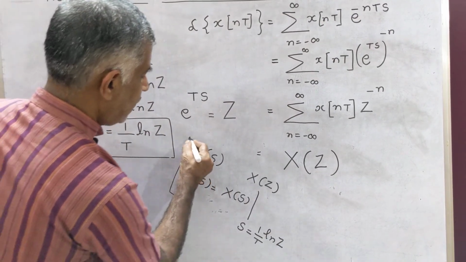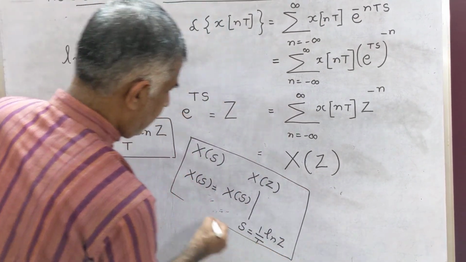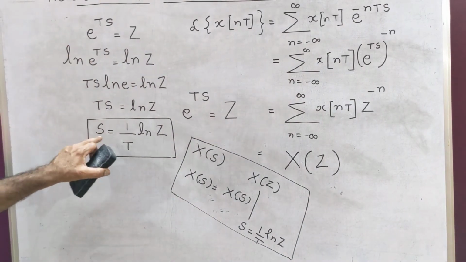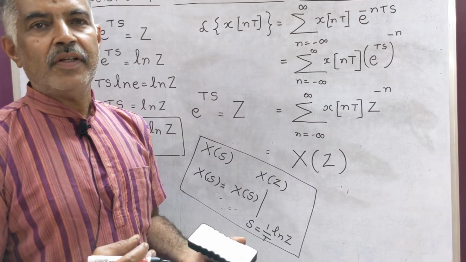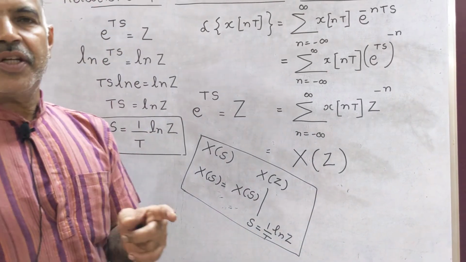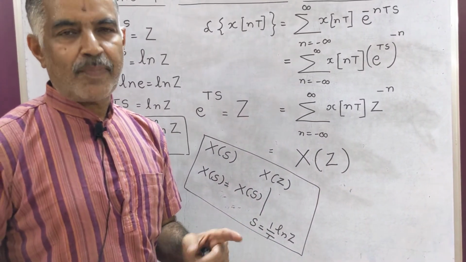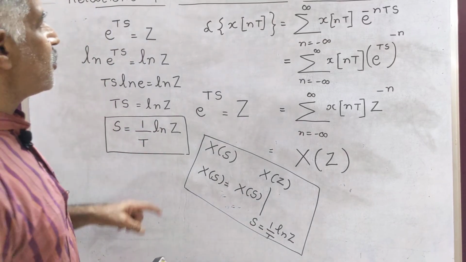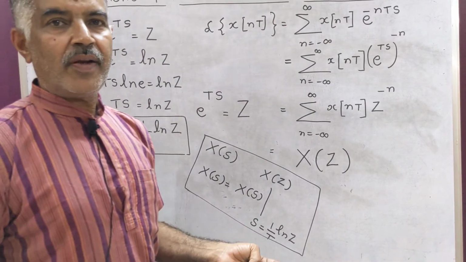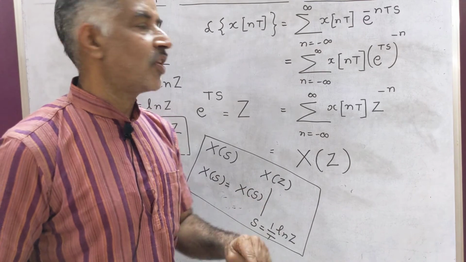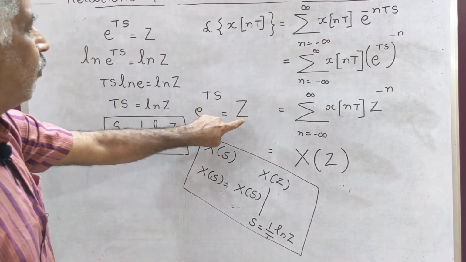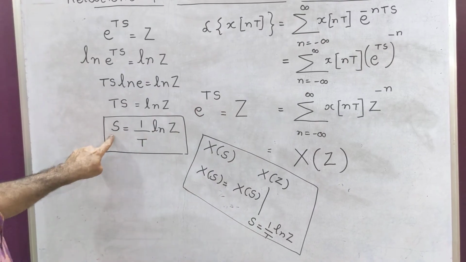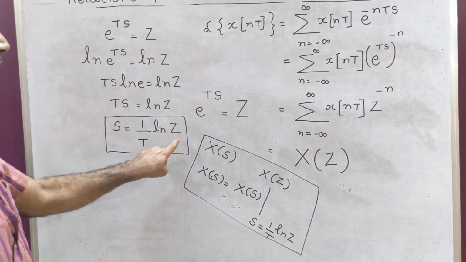Students in this class must remember this relationship between z transforms and Laplace transforms. The z transform is an extension of the Laplace transform, and the relationship between them is e power sT equal to z, or s equal to 1 by T ln z.